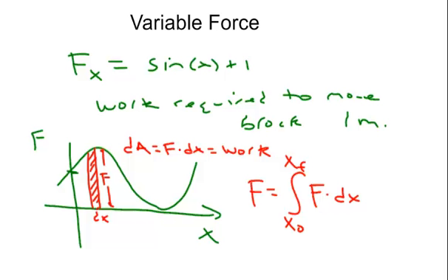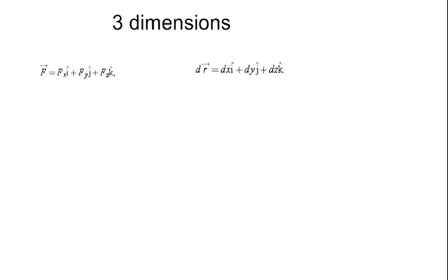But this situation was only looking in one direction. What if instead we were looking at a varying force in 2 dimensions? So you've got fx i, fy j, fz k, and all those are varying.